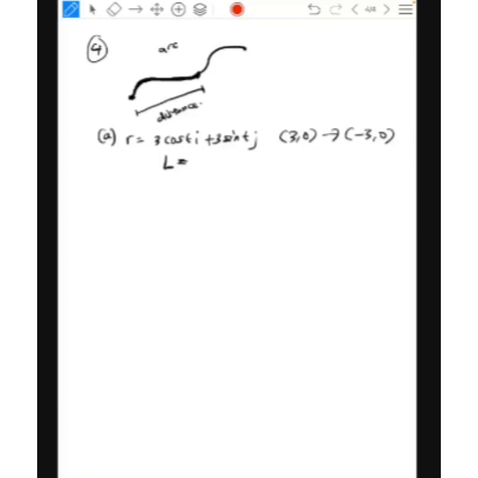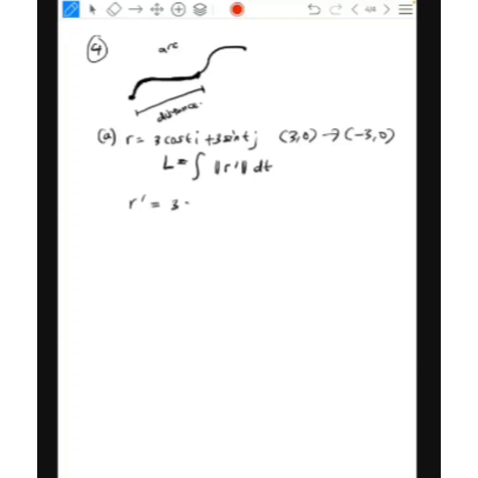Okay, so there's a formula for arc length as well. So the formula is the integration of magnitude R prime dt. Let us find the R prime first.